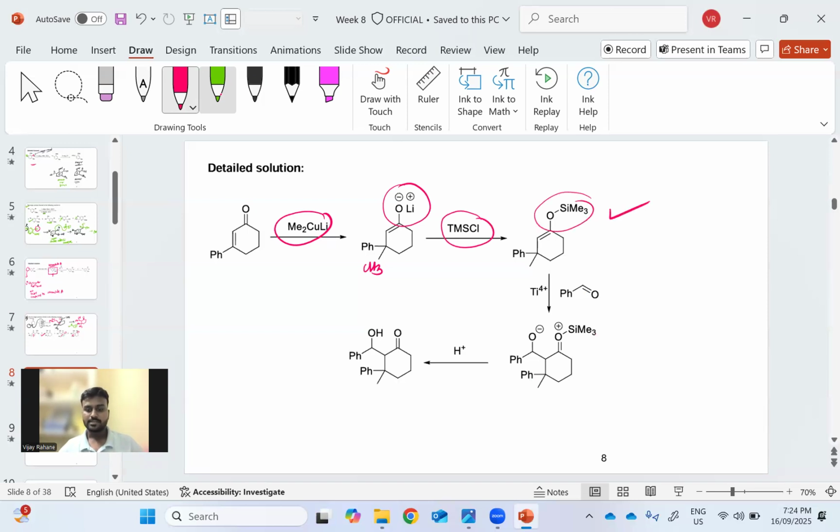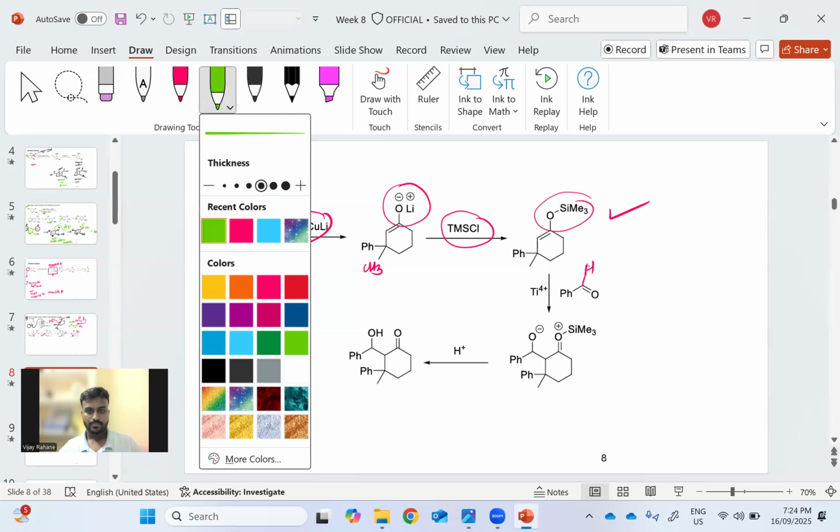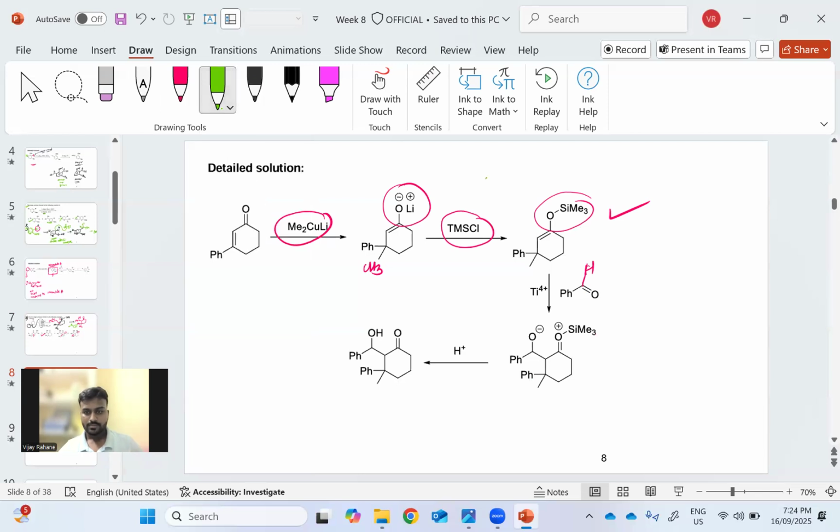And further, when it attacks on this benzaldehyde, the lone pair goes here, and through this position, it attacks on this center.